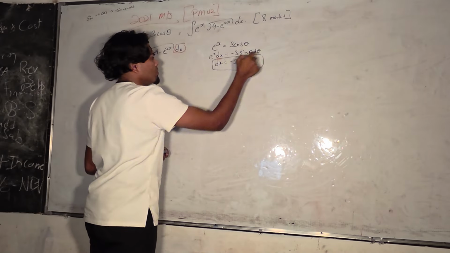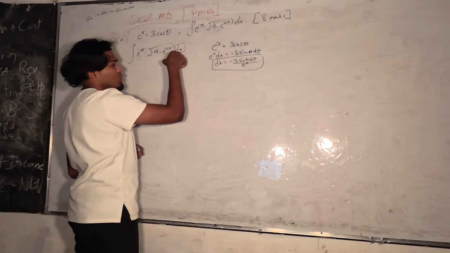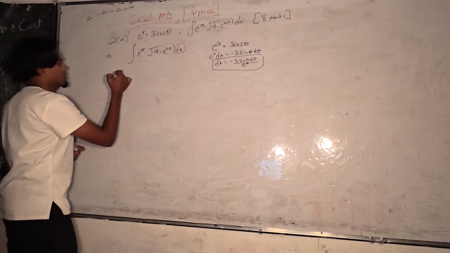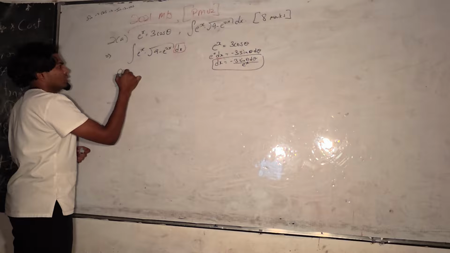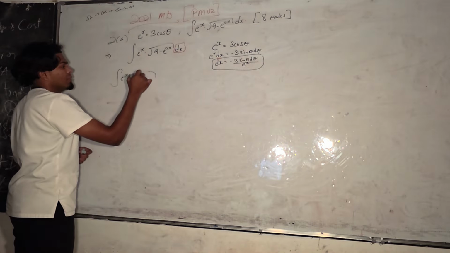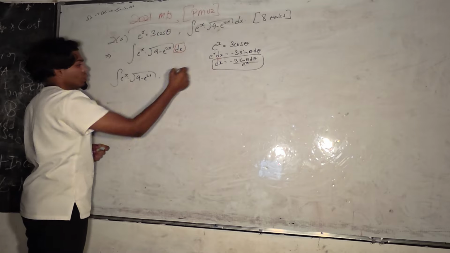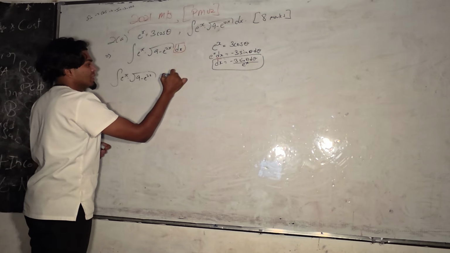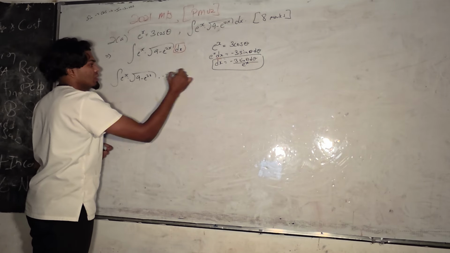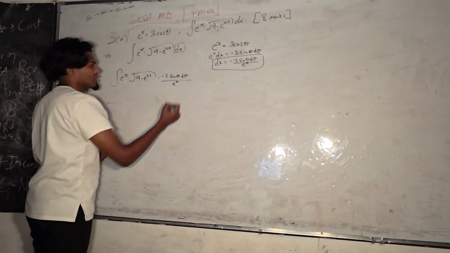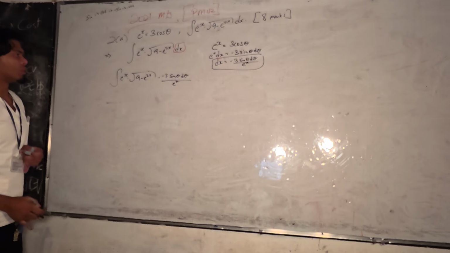Now we can plug this into the integral: e to the x multiplied by the square root of 9 minus e to the 2x, multiplied by minus 3 sine theta d theta all over e to the x.